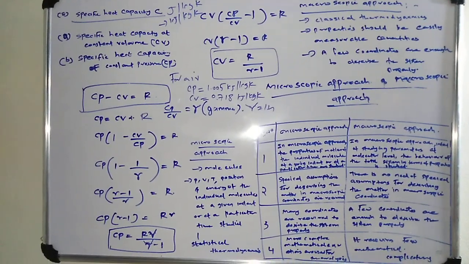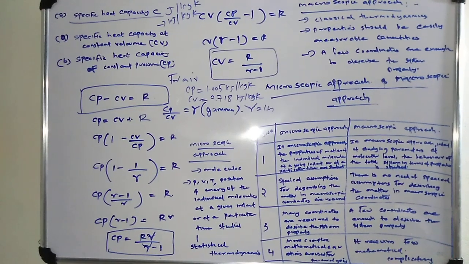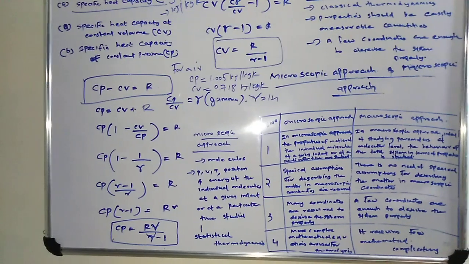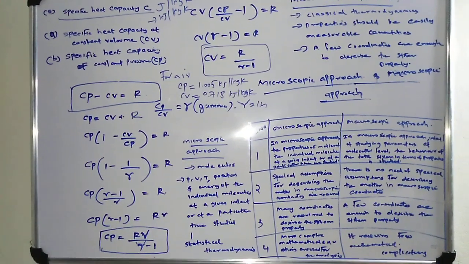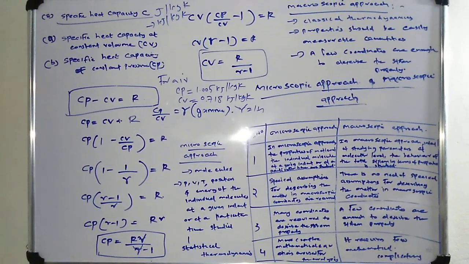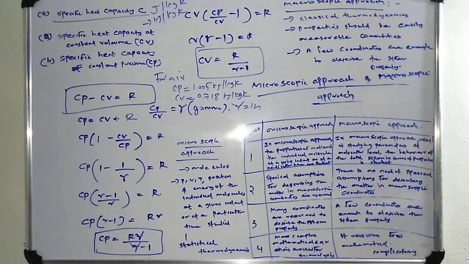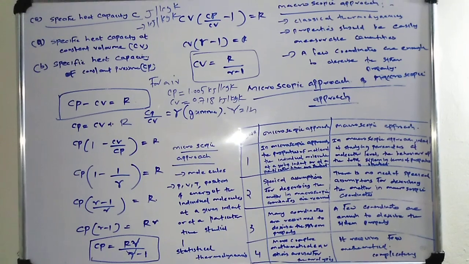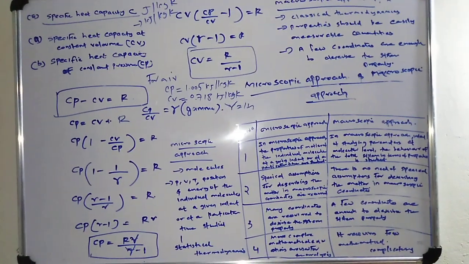Next topic is the microscopic approach. Any substance or matter consists of a large number of particles called molecules. The property of a substance naturally depends on the behavior of these molecules.